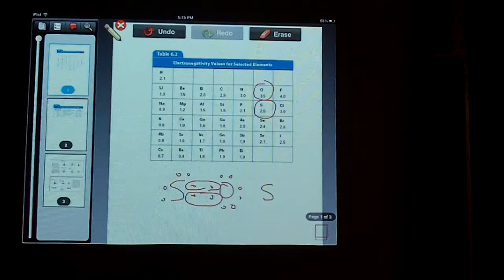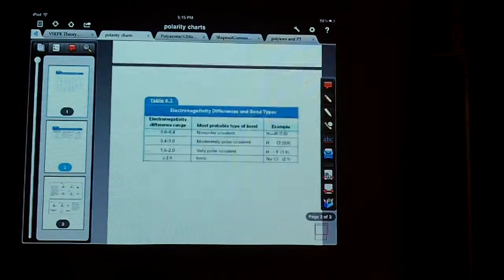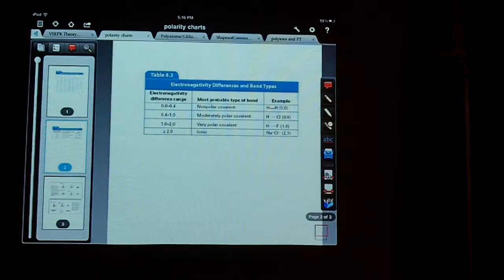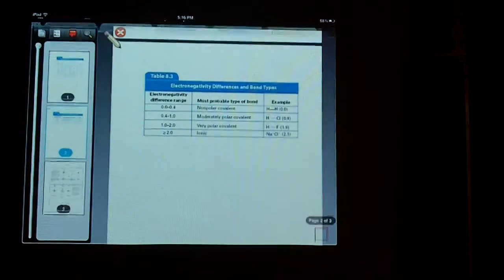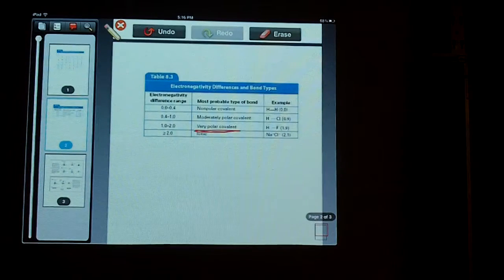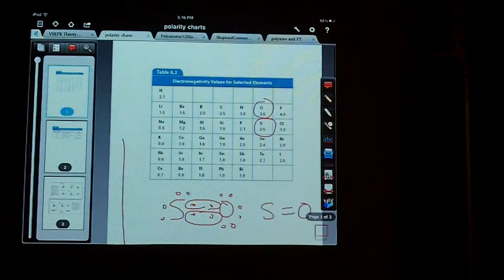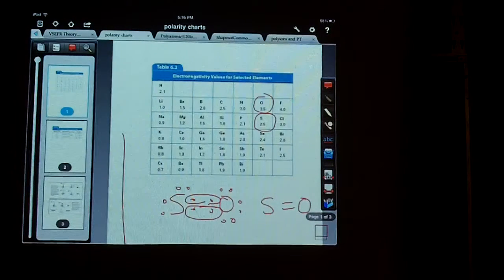That means we have a double bond. The difference between them, 3.5 and 2.5, is 1. So if I look at this, a difference of 1 means it is very polar. So this will be a very polar compound.